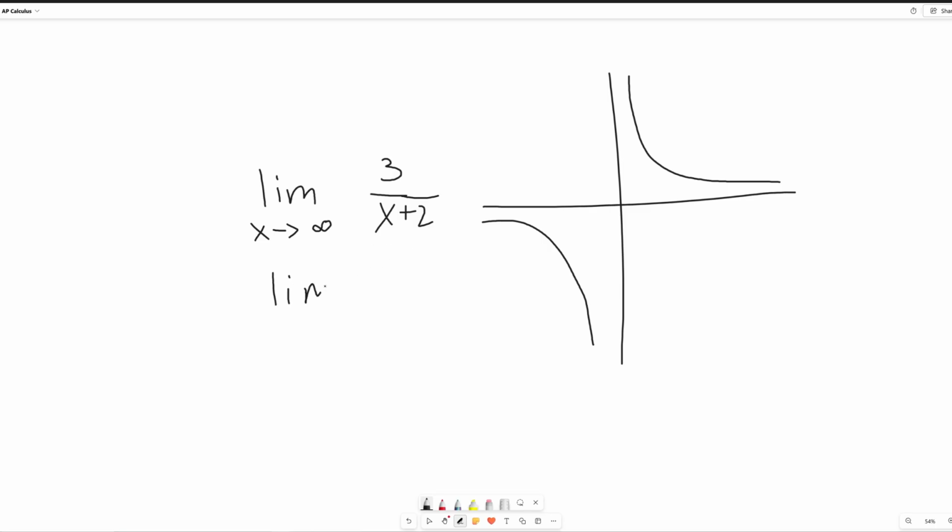You can think about it like this. The limit as x approaches infinity of x is just infinity. Of x plus 2, it's infinity plus 2, but you can't get bigger than infinity, so infinity plus 2 is still infinity. It's not a bigger infinity. Infinity just means infinite.